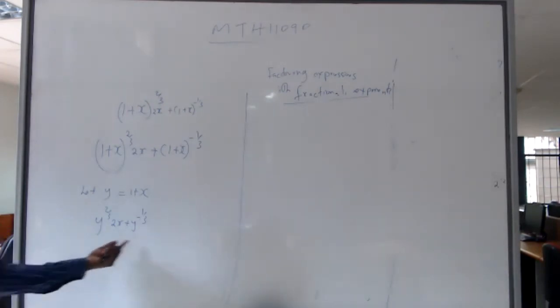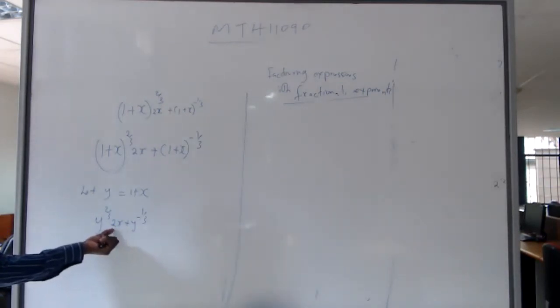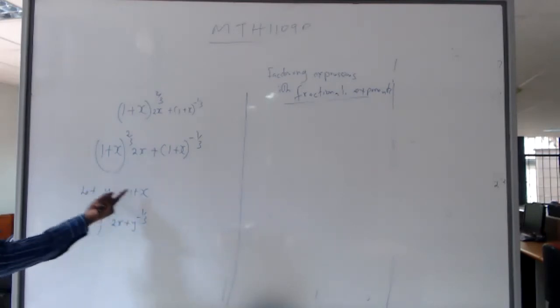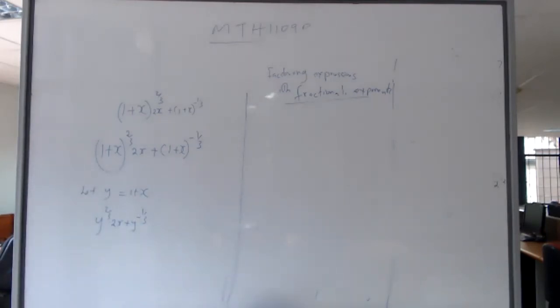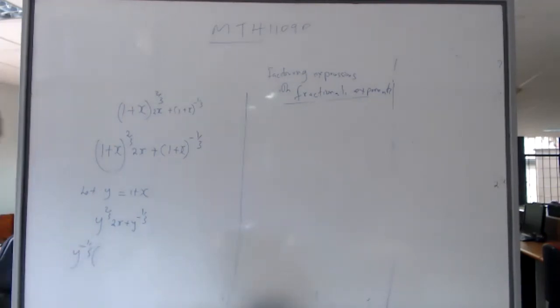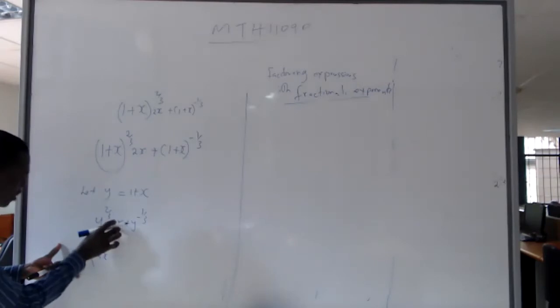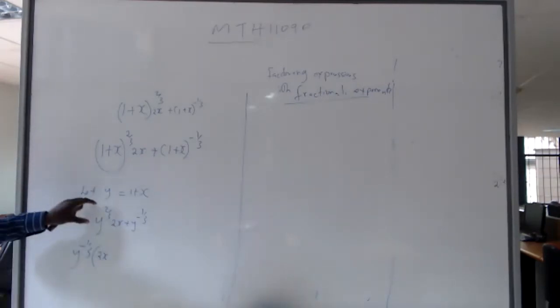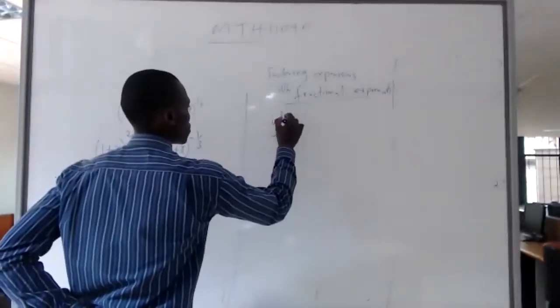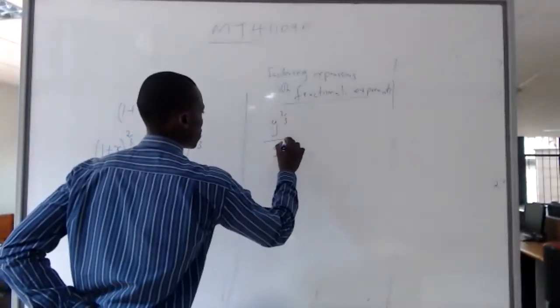Of course, there is no x common, so we cannot factor out x, we cannot factor out 2, but y is common, so we can take y to the power negative a third because it is the smallest exponent. Then we ask ourselves, how many times does y to the power negative a third divide y to the power 2/3? That should be y to the power 2/3 divided by y to the power negative a third.